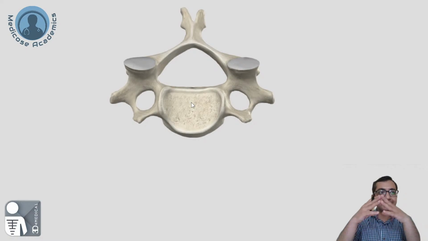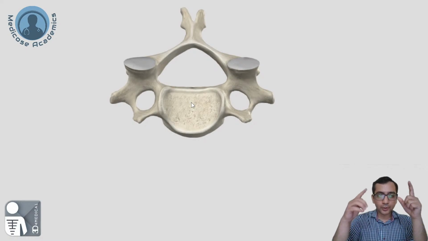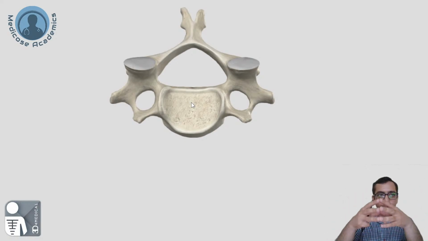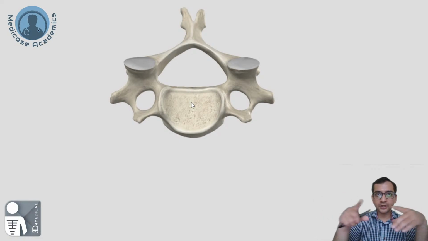Vertebral canal is the largest here because the spinal cord must be thickest in the neck region, because as you move down, the motor nerves will keep on exiting, and the spinal cord thickness will go on decreasing, and it will end at L1.